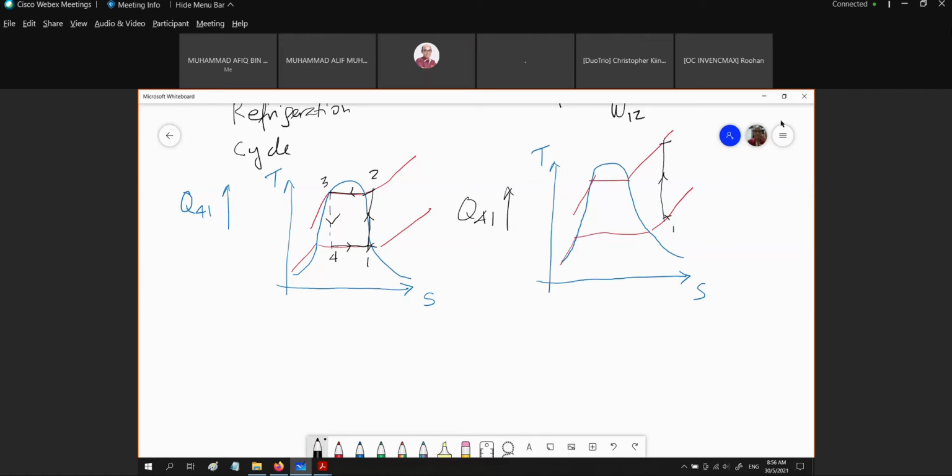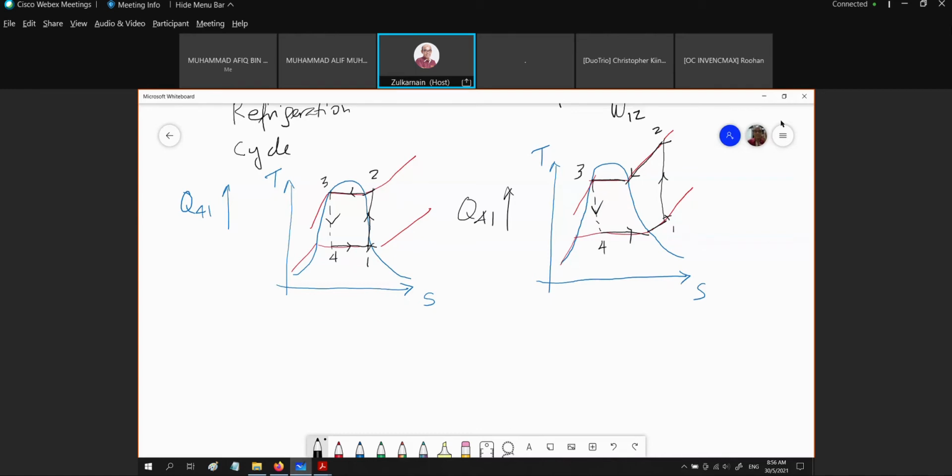1, 2, and then 2 to 3, the condensation process. And again, 3 to 4, 4 to 1. As far as the formula is concerned, the steady flow energy equation, the energy balance, is the same.